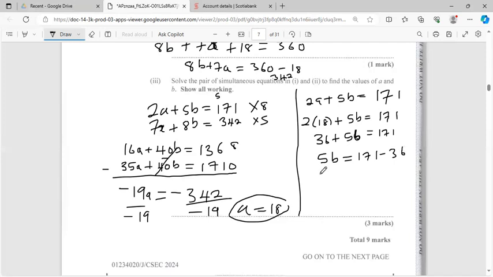So 5B equals 135, and of course we divide by 5. Alright, so therefore B is equal to 5 into 13 goes 2 times, remainder 3, and that's 27. So therefore B is equal to 27.